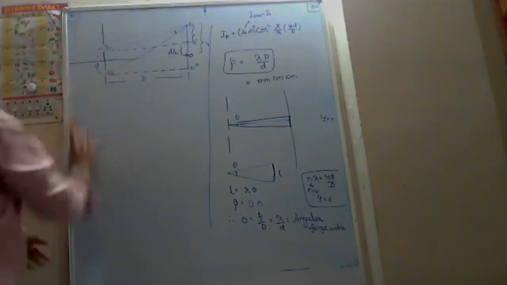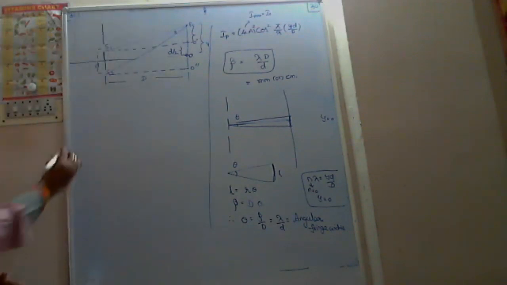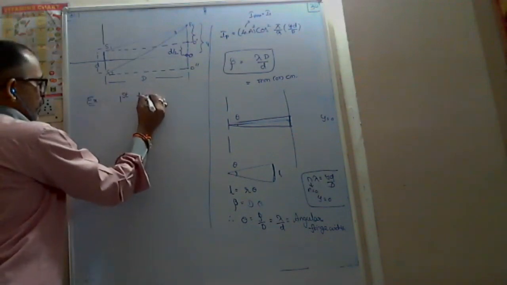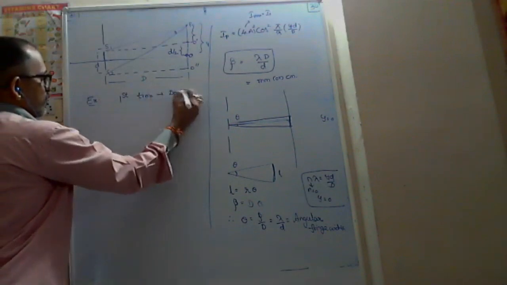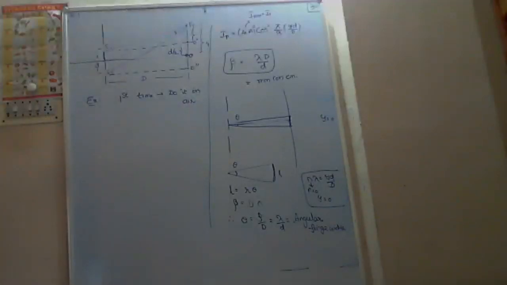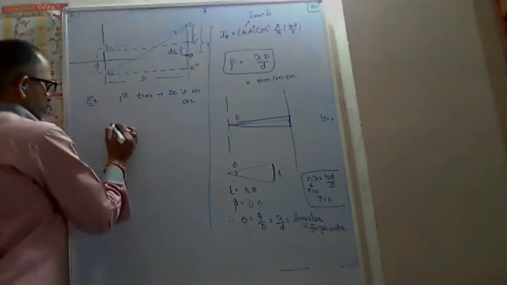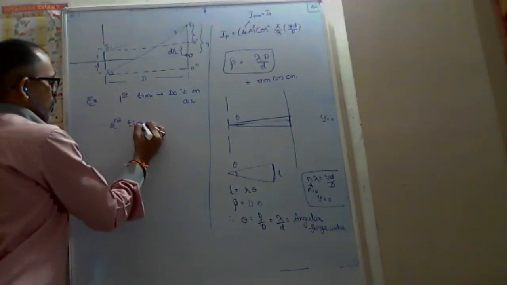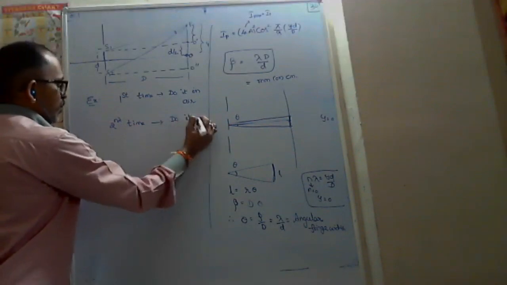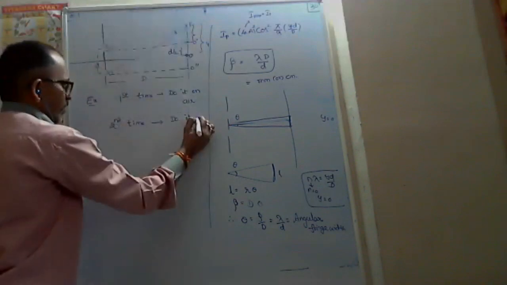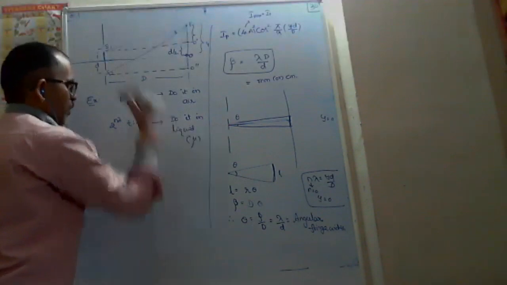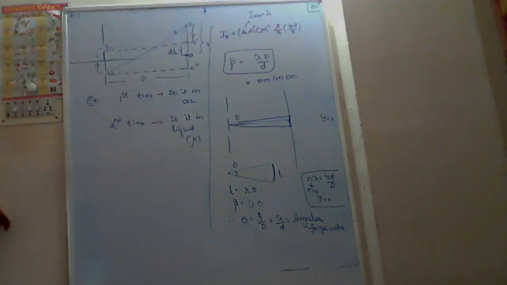Suppose the first question is like this. Suppose this experiment, the first time, I do it in air. The second time, I do this experiment in a liquid, by immersing the whole apparatus in a liquid of refractive index mu.